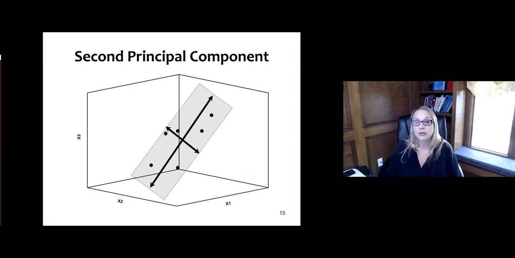Obviously, it's going to be hard to visualize more than a couple of dimensions, but effectively you could have hundreds of dimensions if you had hundreds of variables, doing the same process and seeing which dimensions are explaining more of the variability. So these first two are the top two. Using these two principal components, we can capture a lot of the variability that we've seen in this particular data set.